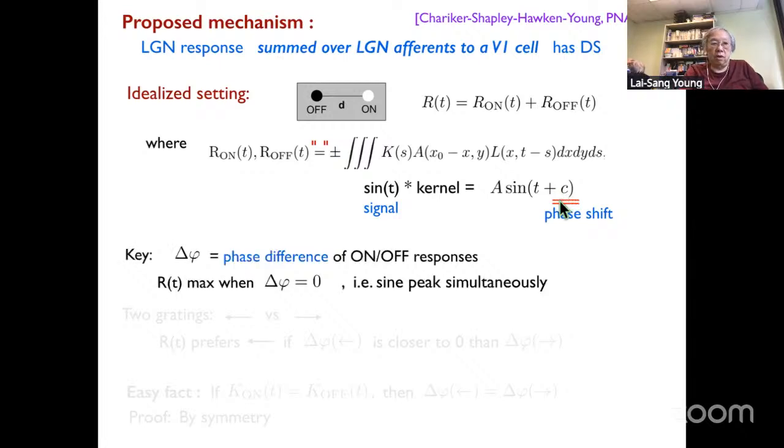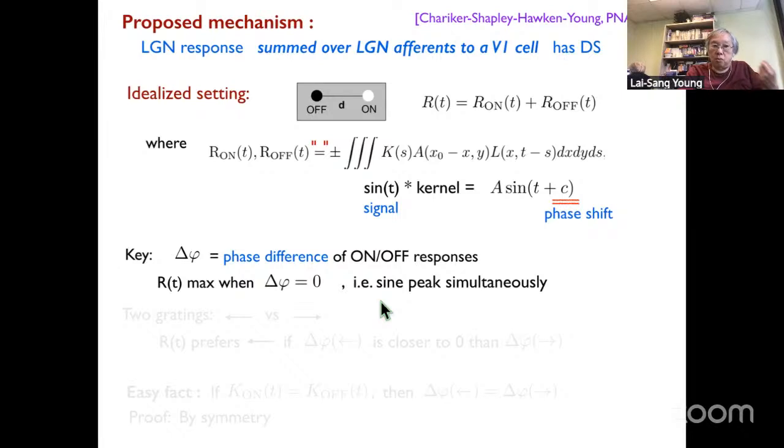So here's the idea. I want to add two sinusoidal responses and I want to know when they are the biggest. The obvious answer is when the phases coincide, so when the phase difference is 0. That is when you get the maximum response, other things being equal. Like I said, I'm cheating a little bit, but that is the idea.